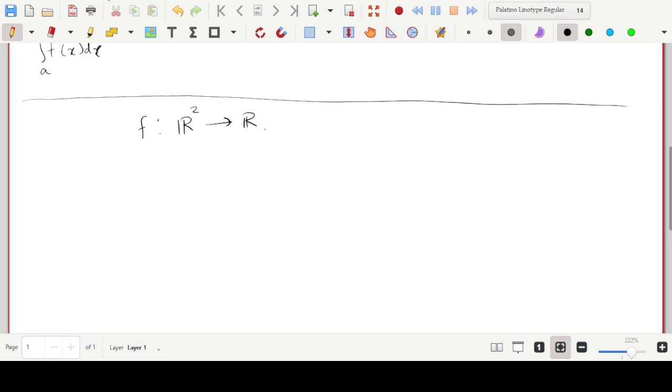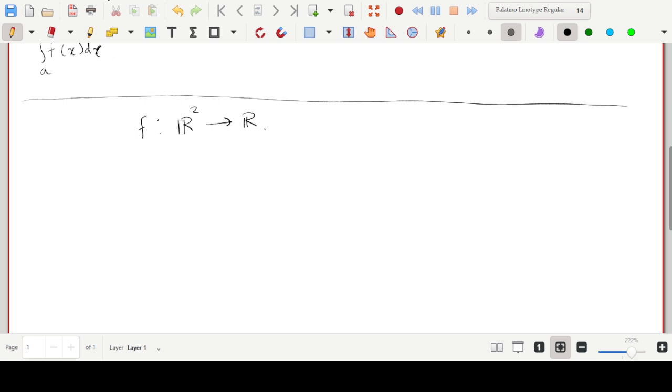Now not every function is integrable, but there is one sufficient condition for integrability, which is that if f is continuous, then it is integrable. Or even if it is piecewise continuous, it is integrable.